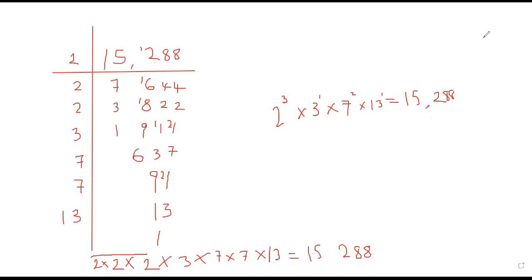Now let's quickly use the prime factor tree to determine this. Now I have 15,288. So I'm going to look for two numbers that when I multiply together, I'm going to have 15,288.